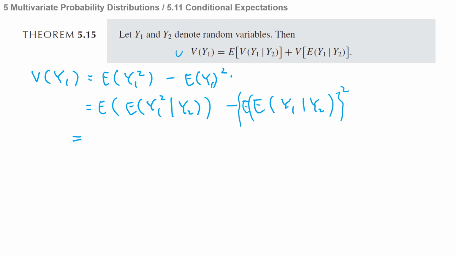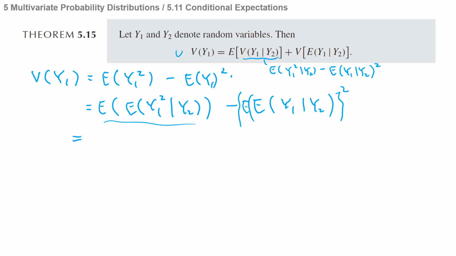To make this the variance of y1 given y2, this is the expected value of y1 squared given y2 minus the expected value of y1 given y2, squared.